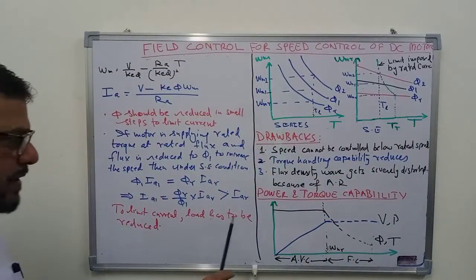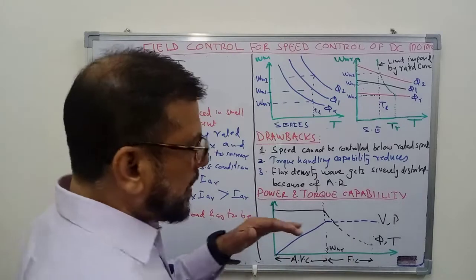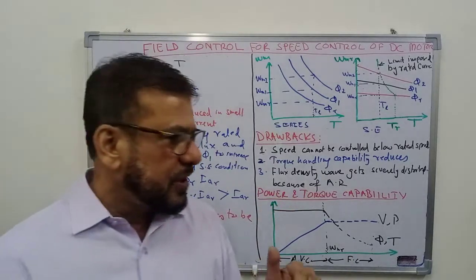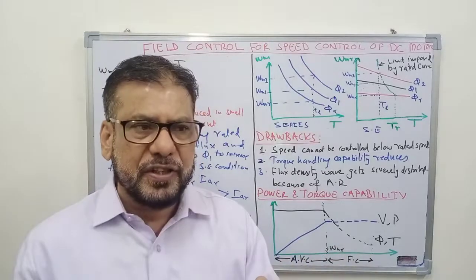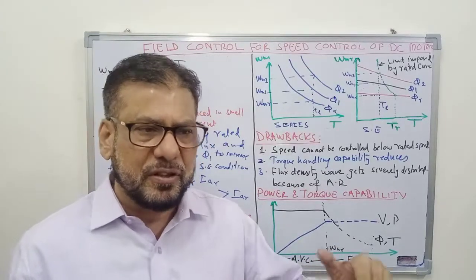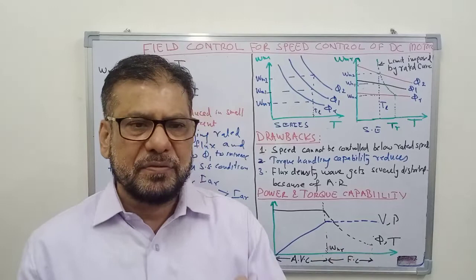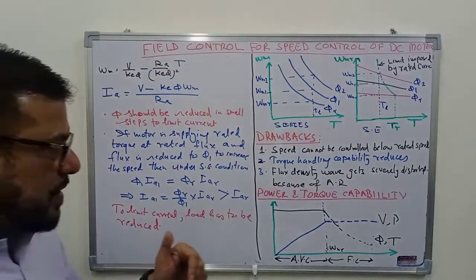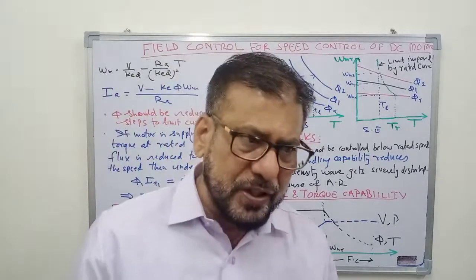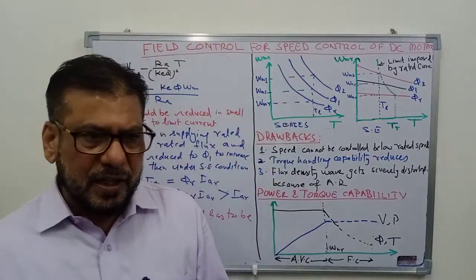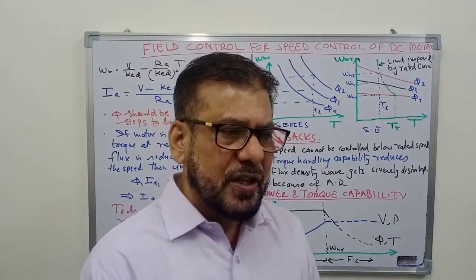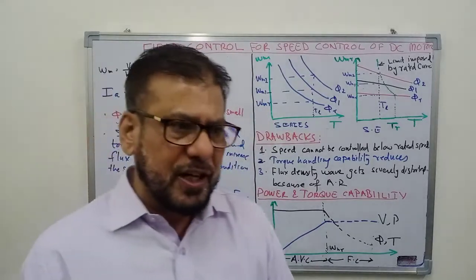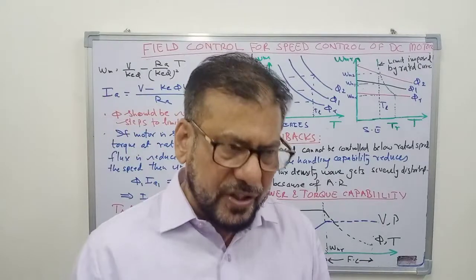And the third drawback is also important, that because of armature reaction, the flux density wave is distorted. It is not flat type, it is having some peak, it is distorted. And in normal design of the motor, we take care that the field flux is higher than the armature reaction flux, so that the effect of armature reaction is not severe.